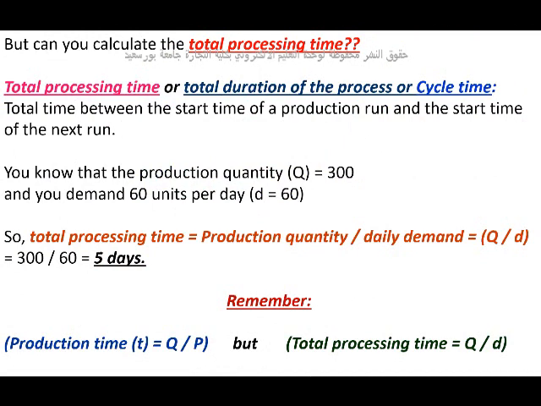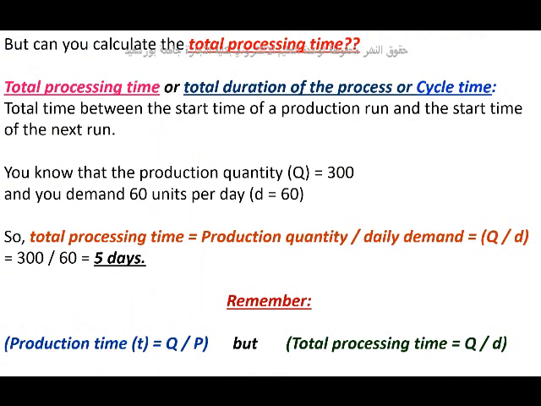But can you calculate total processing time or cycle time? Cycle time we mentioned. Cycle time here is quantity over D. Quantity 300 over D 60 will be 5 days.